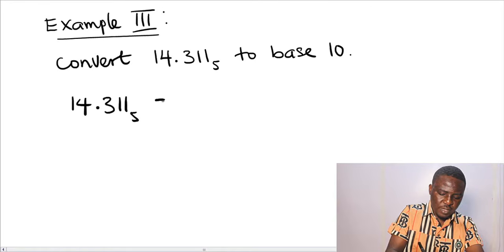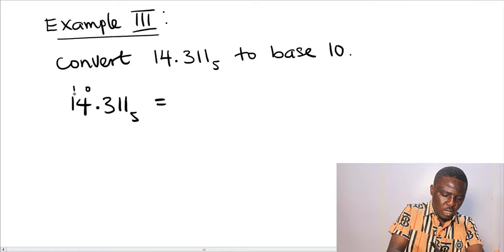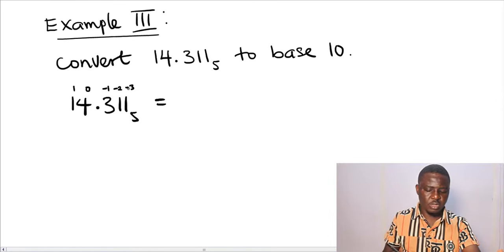So we have 14.311 base 5 is equal to, their place values is, this is 0, this is 1, this becomes -1, -2, and -3.